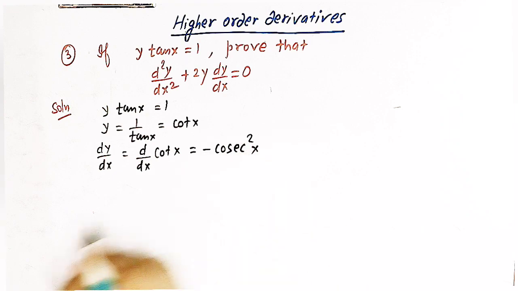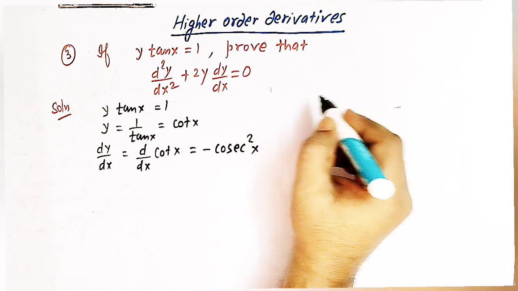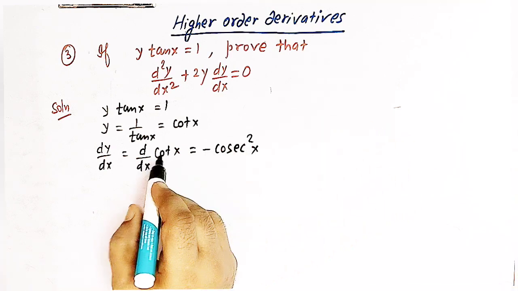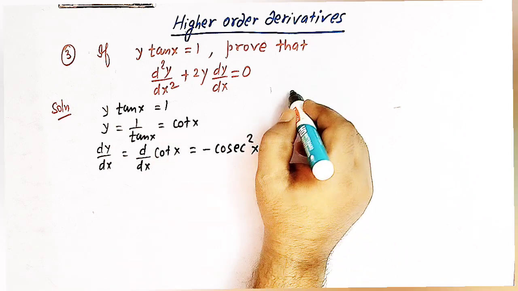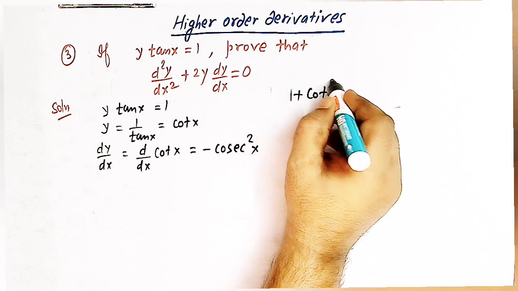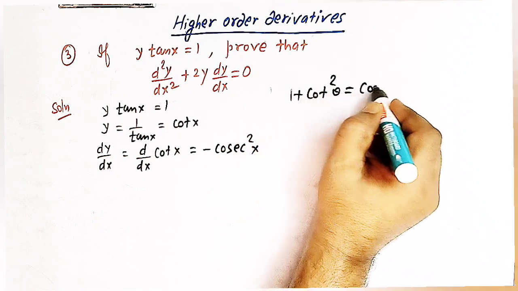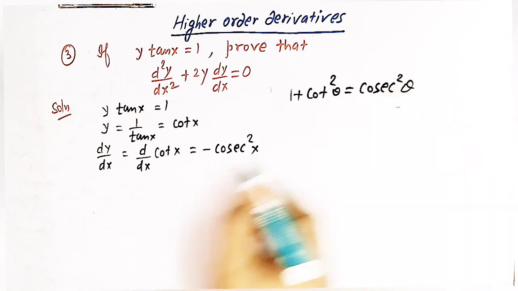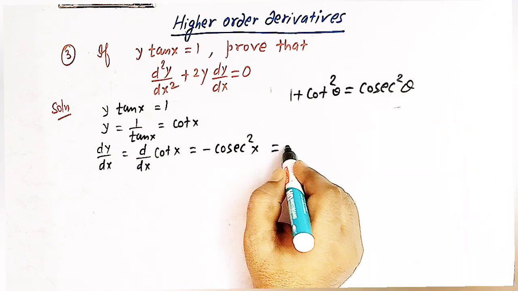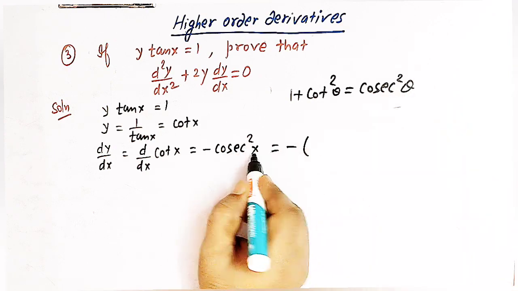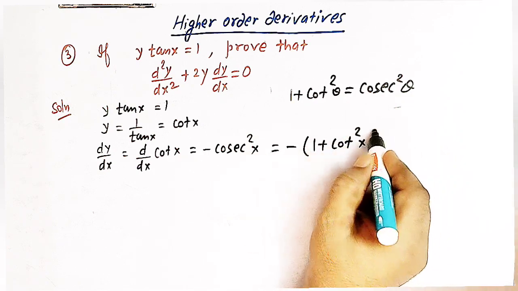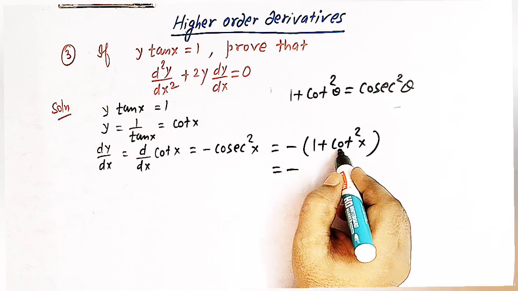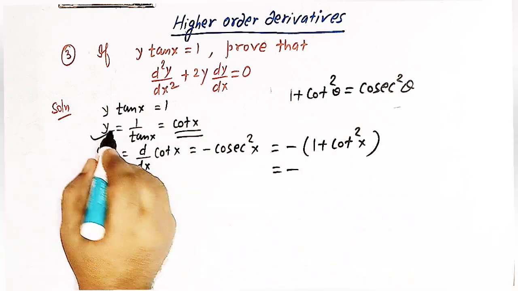And from trigonometry we know an important identity connecting the two functions cot theta and cosec theta as 1 plus cot square theta is equal to cosec square theta. So here we can now write cosec square x as 1 plus cot square x. And for cot x, we can write y.